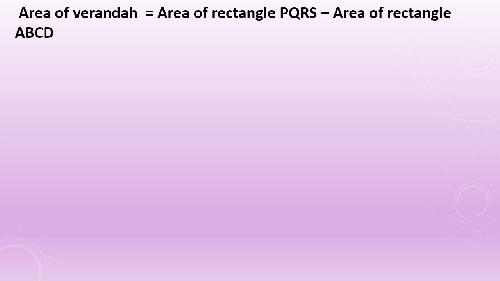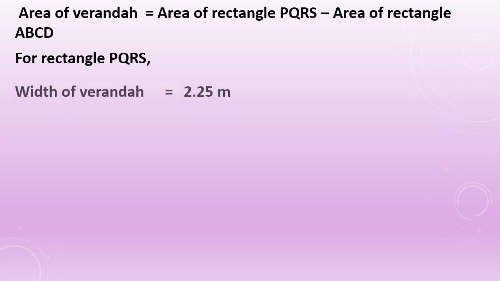How to find the area of rectangle PQRS? Yes, for that we have to find the length and breadth of rectangle PQRS. How to find? Yes, rectangle PQRS is the outer rectangle, so the width of the veranda you have to add. Then we will get the length and breadth of rectangle PQRS.